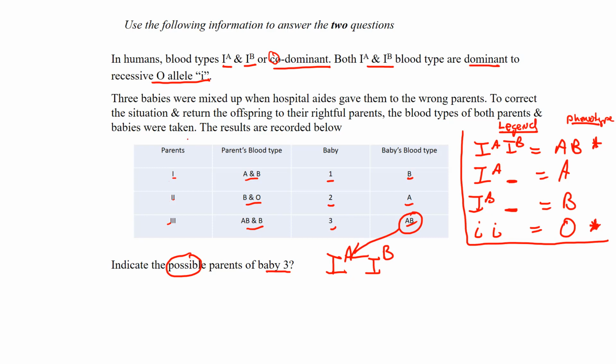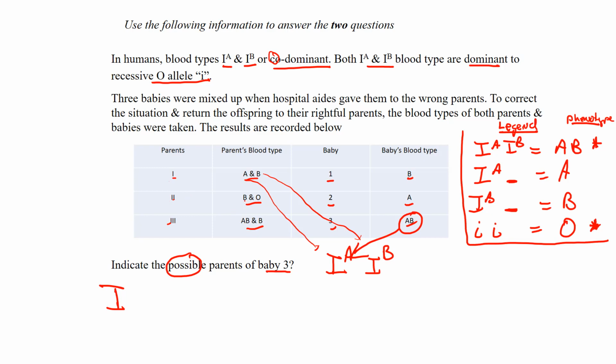So if we take a look at these, here is parents number 1. They have AB blood. Is it possible for those parents to contribute the A and the other parent to contribute the B? Well, of course, that's possible for this example. So we know that Roman numeral number 1 parents must be possible parents of this baby. But let's take a look at Roman numeral number 2, those parents.